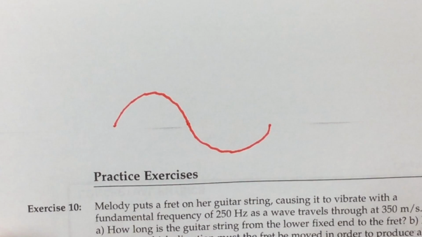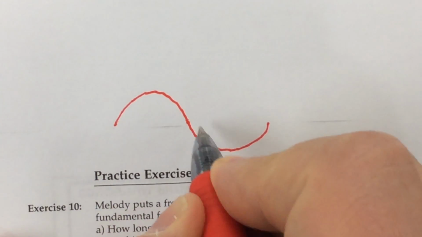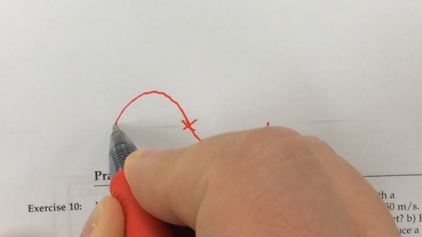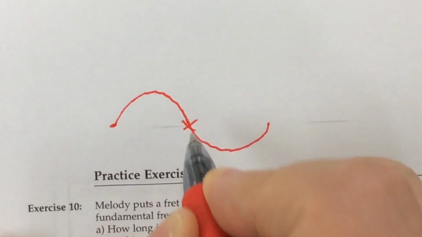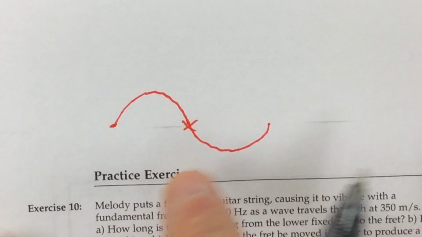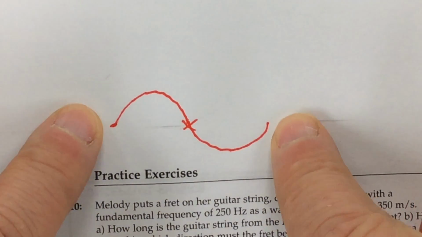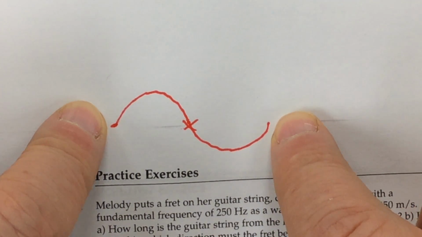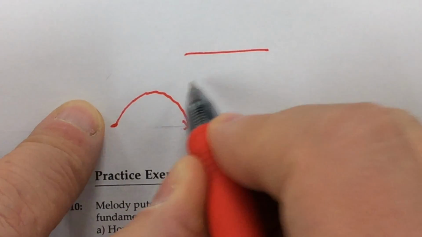If you were having a string vibrating, it vibrates from a node where it doesn't move to a node where it doesn't move, and then the string goes back and forth here. So a string vibrating is actually 1/2 of a wavelength. Same thing in an organ pipe or a trumpet.